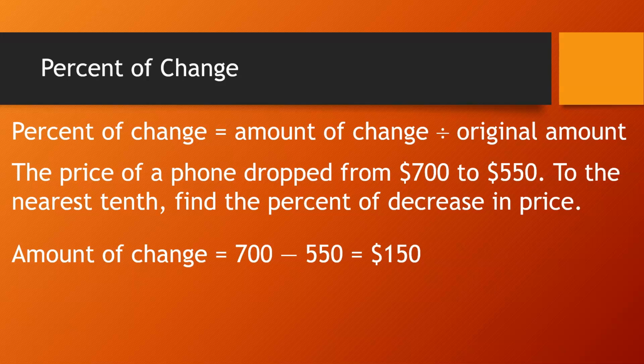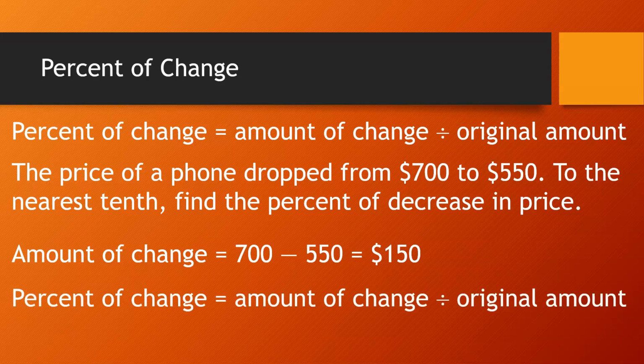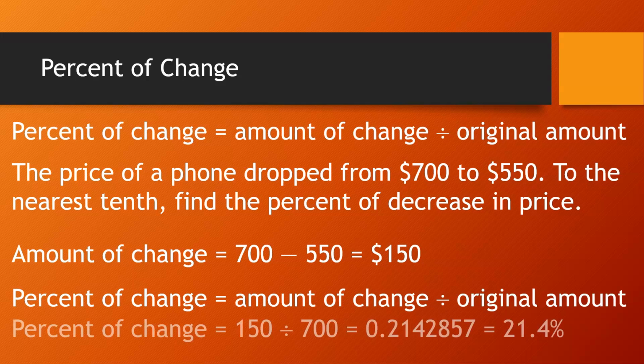In this case, it changed by $150. And then we'll have to take that $150 of change and divide it by the original amount, which in this case was the $700. Now in this case we get a decimal number that we're going to have to round according to the directions. So we're rounding to the nearest tenth as a percent, so this would be 21.4%.